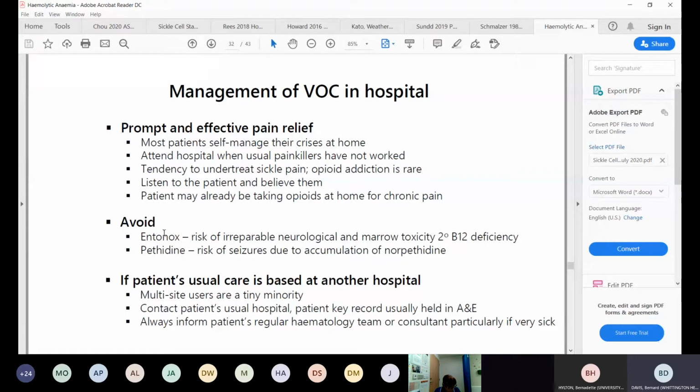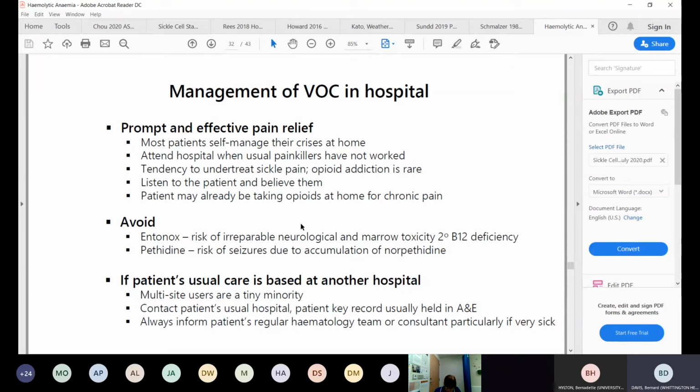It's important to point out here that we used to use Entonox quite a lot in the past, but we don't any longer because it can damage the marrow and cause neurological damage as well because of B12 deficiency. I don't know about other ambulance services. The London Ambulance Service will usually give Entonox, but in hospital they shouldn't really have Entonox because it causes problems.